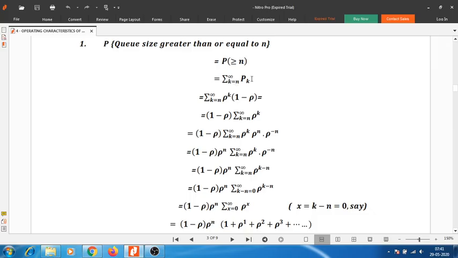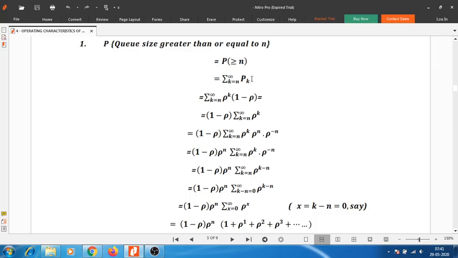Generally we call it P_n, representing the probability that there are n customers in the system at a time interval 0 to t. Because of the steady state solution, as t tends to infinity, t will be removed from our model.